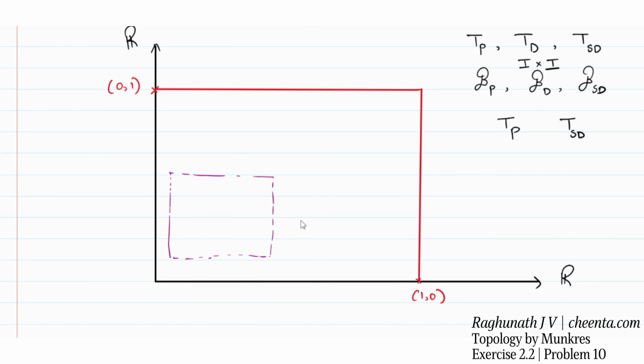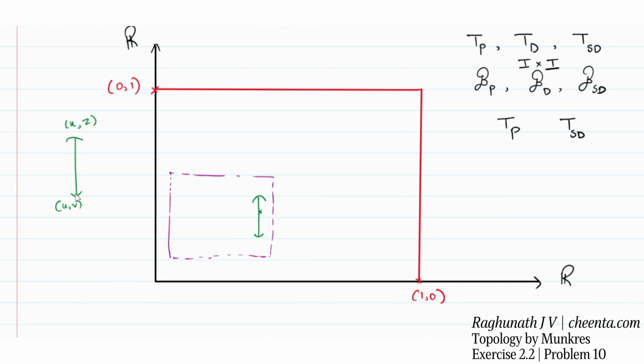And now, if you consider any element inside this open box, we know that dictionary order, what does this mean? Suppose you have this point to be some u comma v, and this point to be some w comma z, then all the points, the x coordinate will be the same. So let us take it as u comma z.